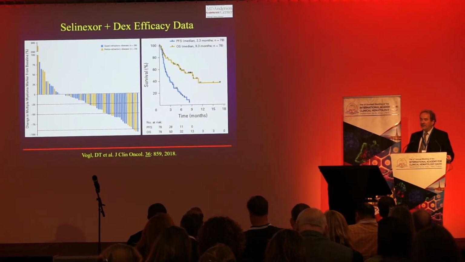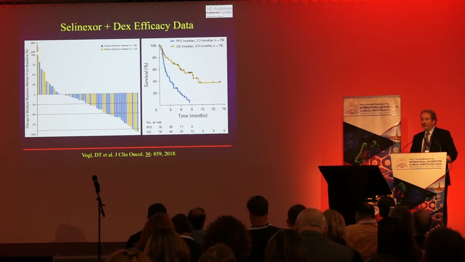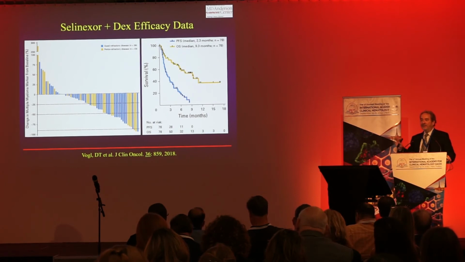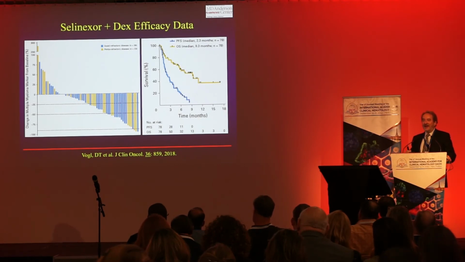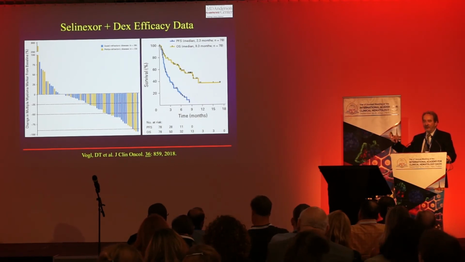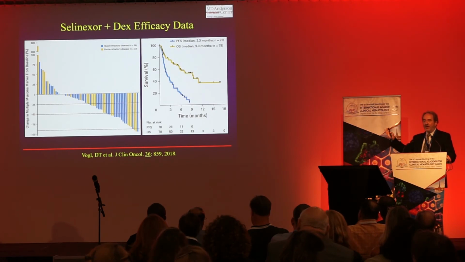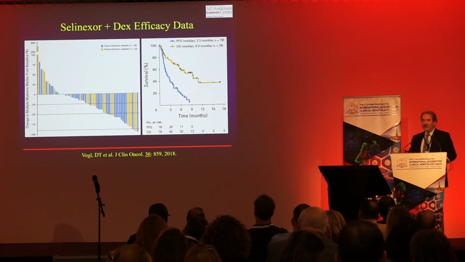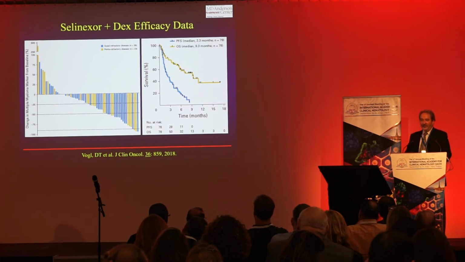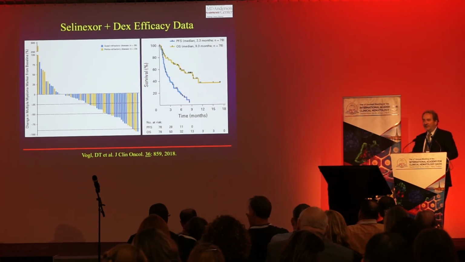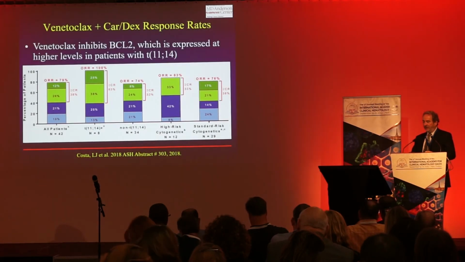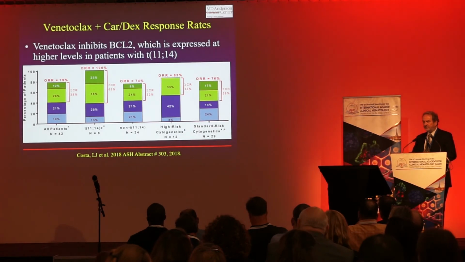And although these numbers are not as robust as we would like, you do have to remember most of these patients were what are called penta-refractory, which means disease that had progressed after prior bortezomib, carfilzomib, lenalidomide, pomalidomide, and daratumumab. And in combinations, for example, with bortezomib or carfilzomib, we expect that these numbers will be even better. So definitely a welcome addition to what we can do for myeloma.